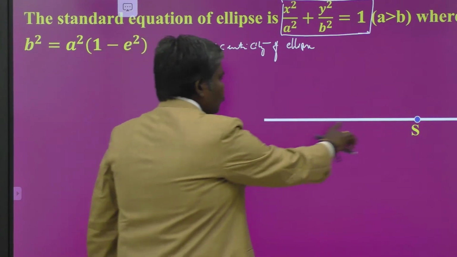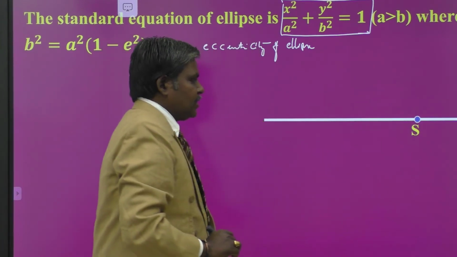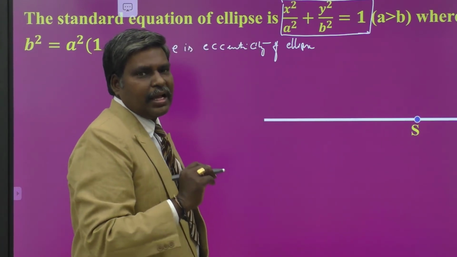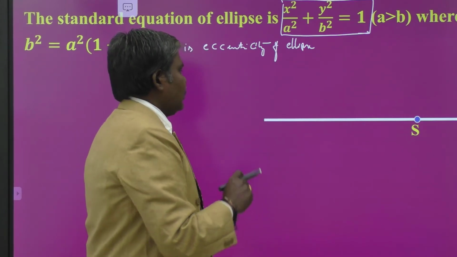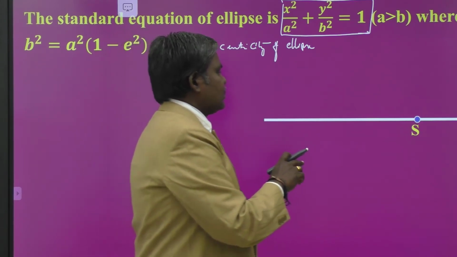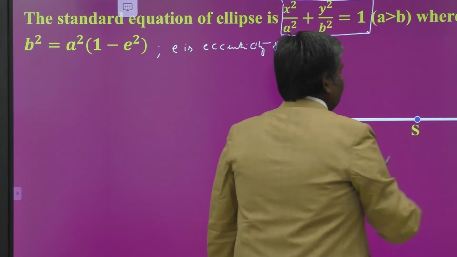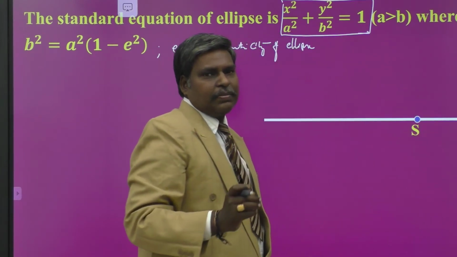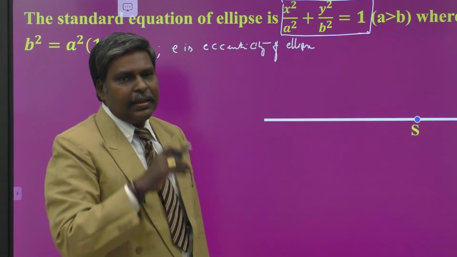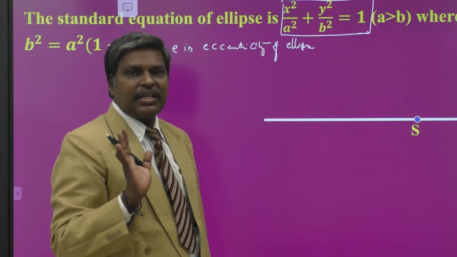On this line, we are going to take two fixed points, namely A and A dash, such that A and A dash divide the line joining SZ in the ratio e is to 1. A internally and A dash externally.